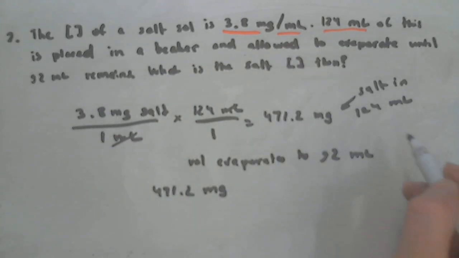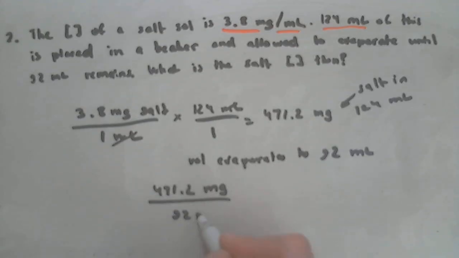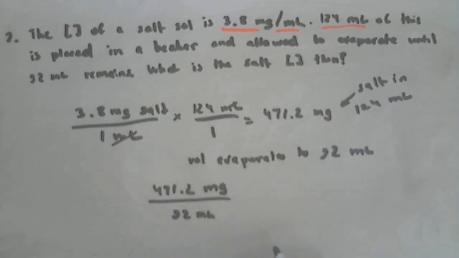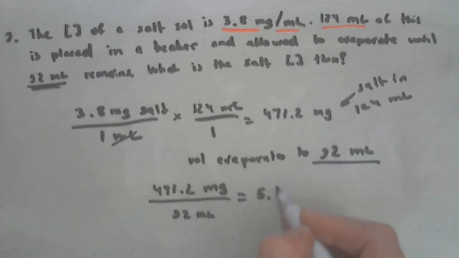The salt does not change, only the water evaporates. So now it's going to be 471.2 milligrams all over 92 milliliters, because that's our new volume. So 471.2 milligrams of salt over 92 milliliters is going to be 5.1 milligrams per milliliter.